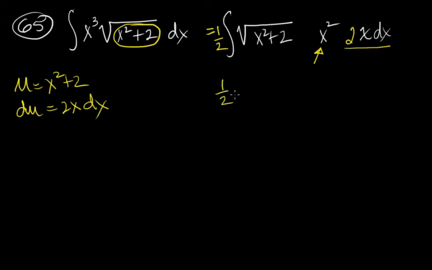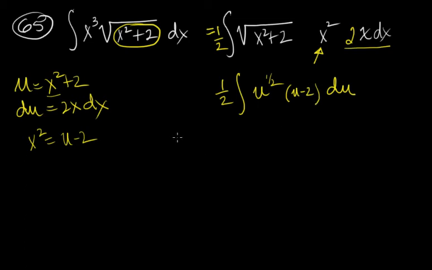In other words, if I tried to change this to u right now, I would have u to the 1/2, and I'd have du, but I have that x squared. Well, fortunately, we can solve for x squared here. x squared is equal to u minus 2. So what I put in here is u minus 2.